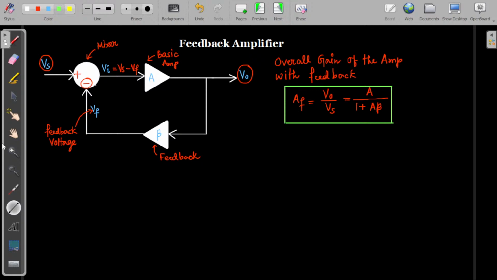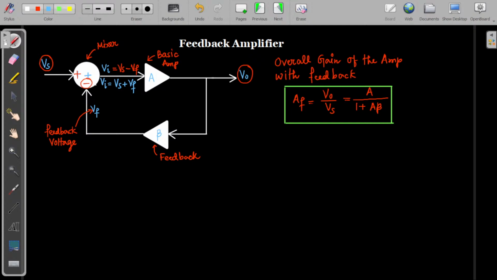Now suppose in the place of this negative sign, if this negative sign is replaced by a positive sign, then what will be the Vi? Vi will be equal to Vs plus Vf.